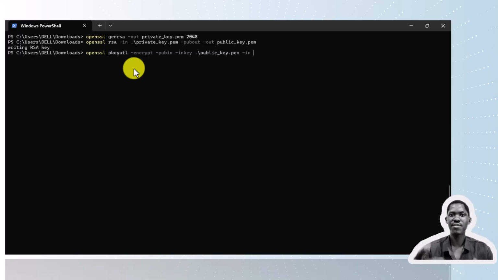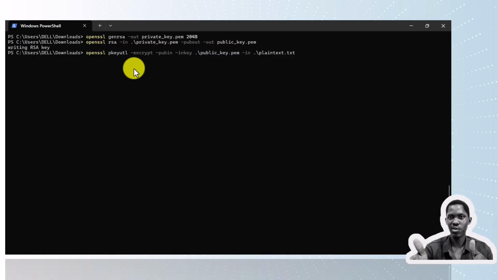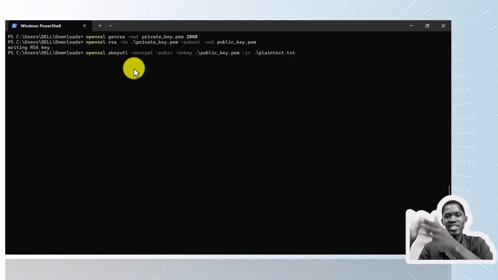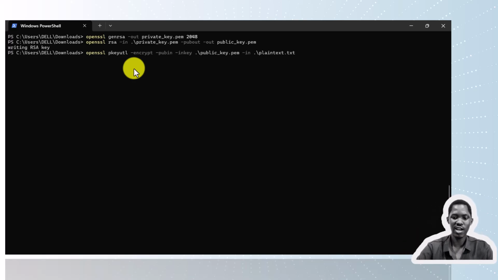Now, the in file, the file that I want to encrypt, is plaintext.txt, right? So I have my key, public key. I have the file that I want to encrypt. Then I need an output file, where it will be stored when the encryption is done. The output file after the encryption. So that is out.